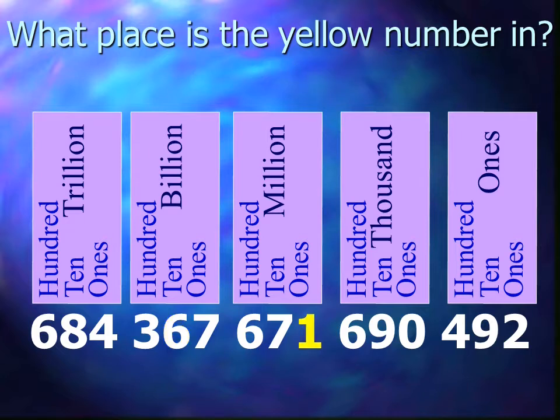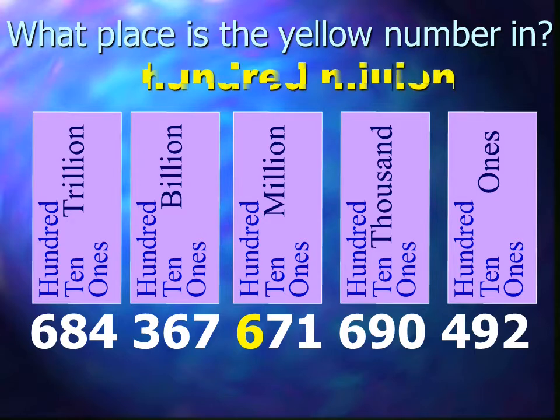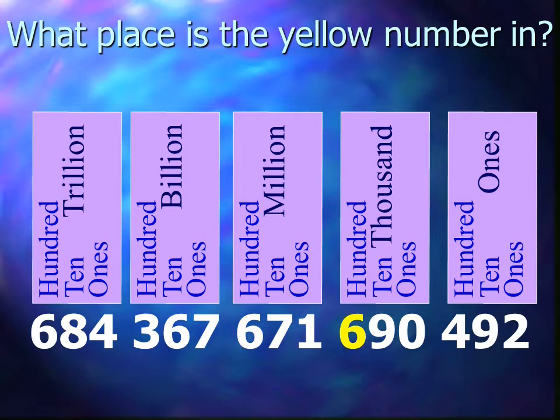What place is the yellow number in here? Million. What place is the yellow number in? 100 million.